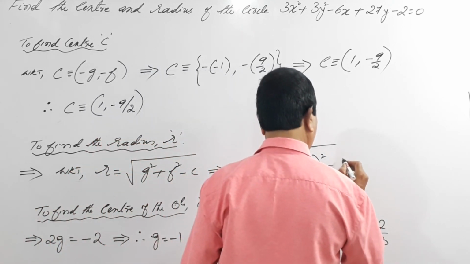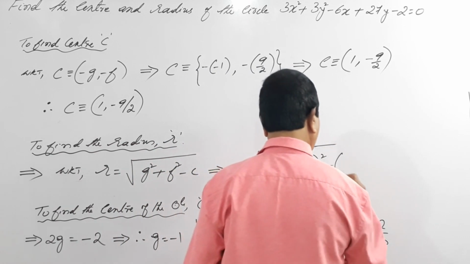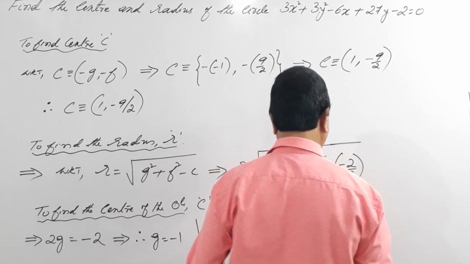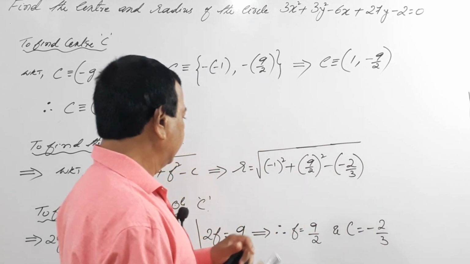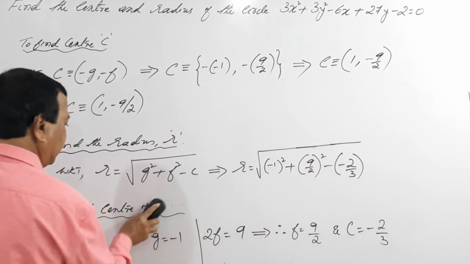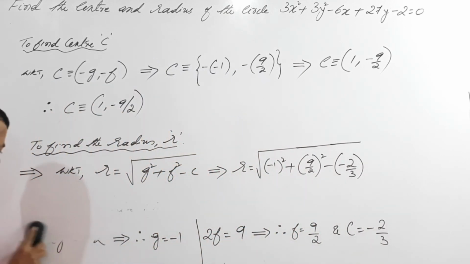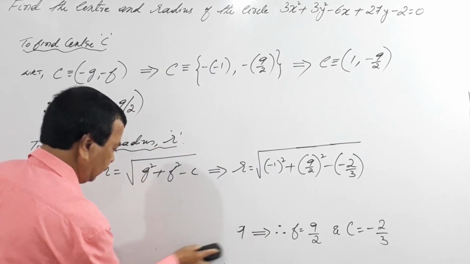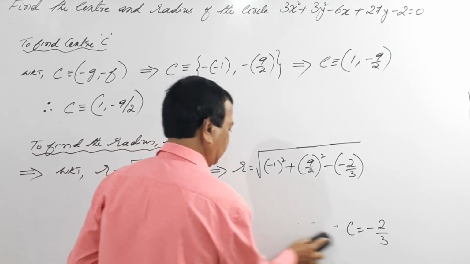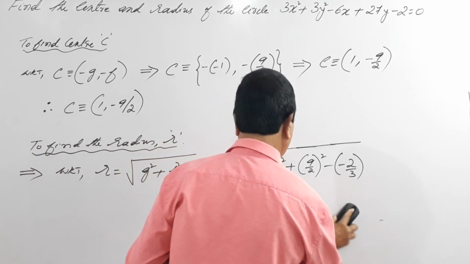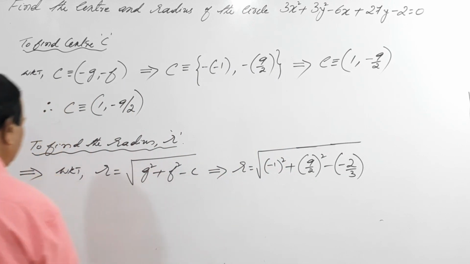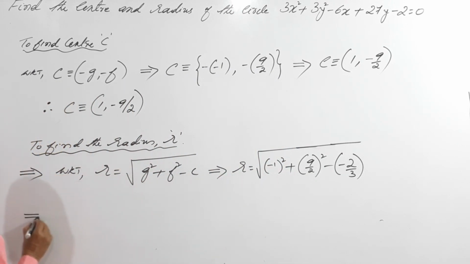Minus of minus 2/3. Add this up. So this becomes what?